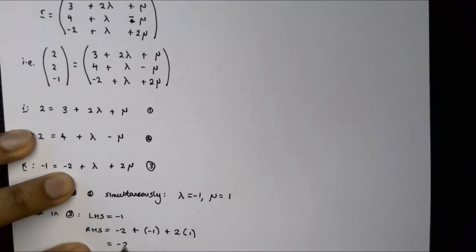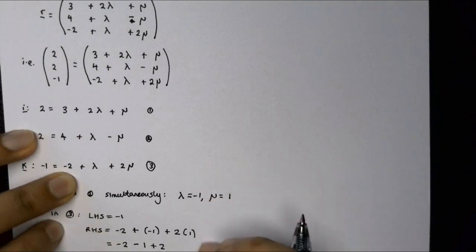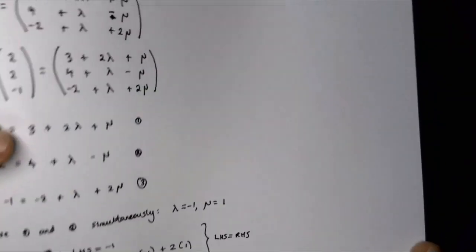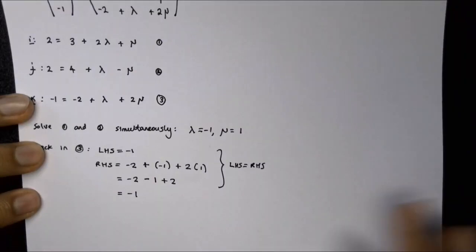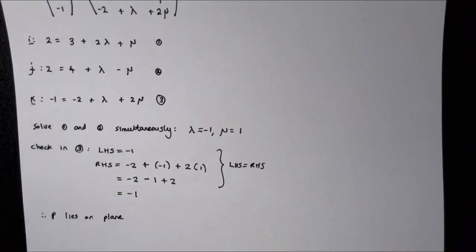So here we've got minus 2 minus 1 plus 2. So indeed we get minus 1. And because the left hand side is equal to the right hand side, we can therefore conclude over here that indeed P lies on the plane. Okay, so P lies on the plane.